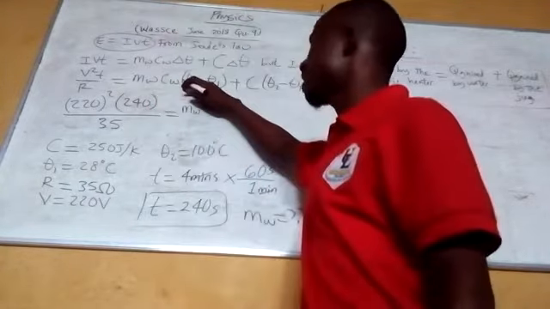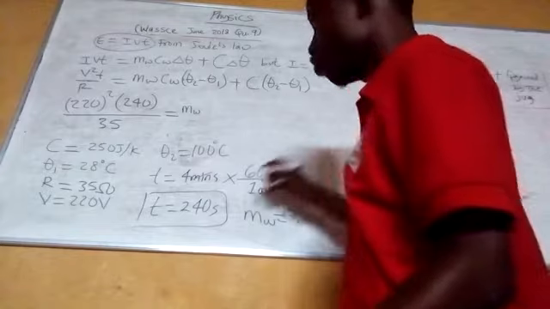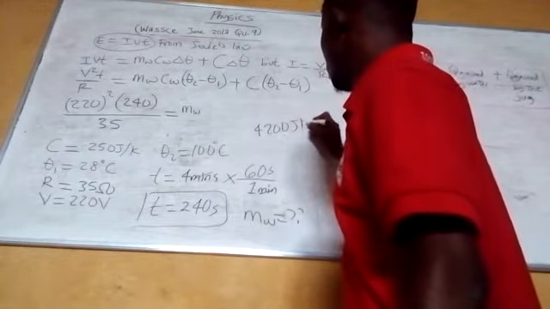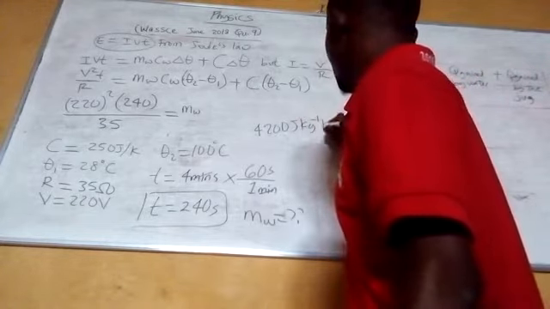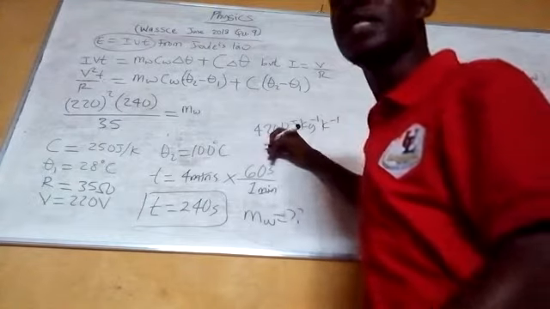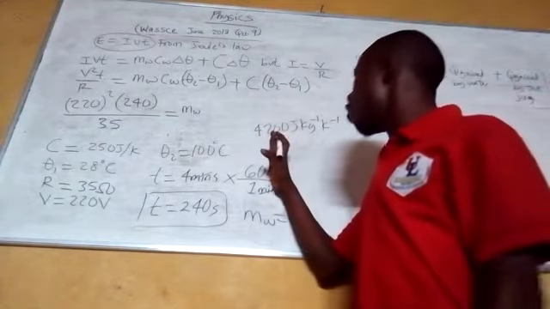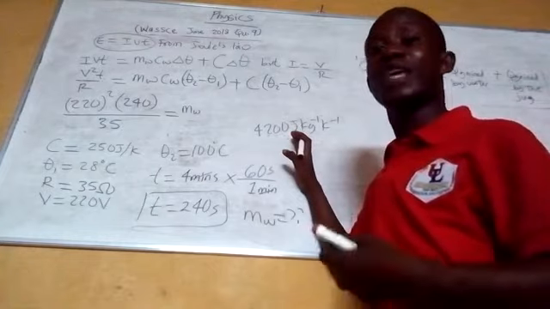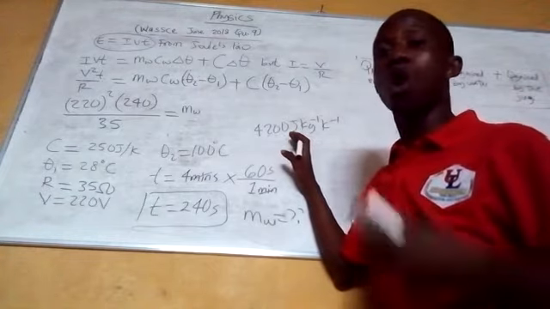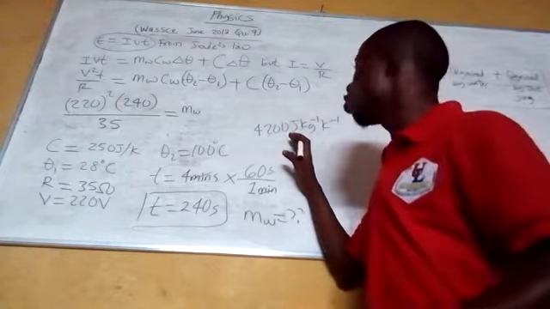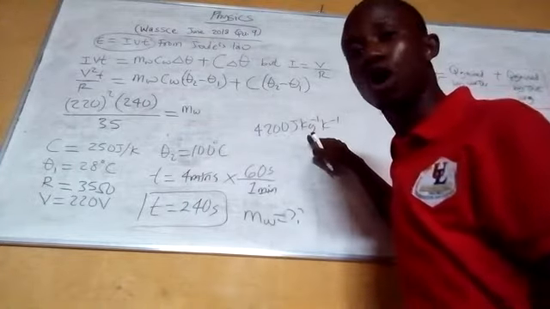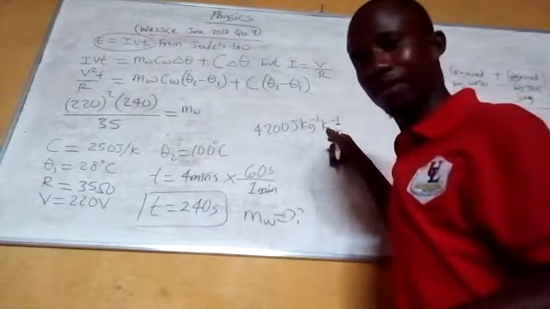The specific heat capacity of water was given to us in the problem as 4,200 joules per kilogram per Kelvin. This means that 4,200 joules of heat energy is required to raise the temperature of 1 kilogram of water by 1 Kelvin.